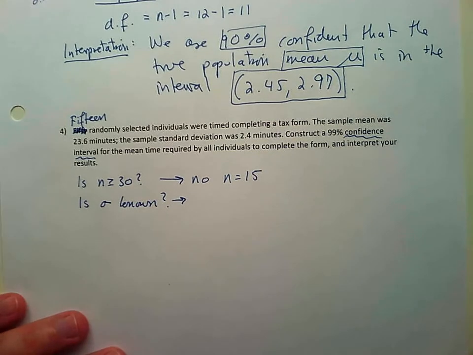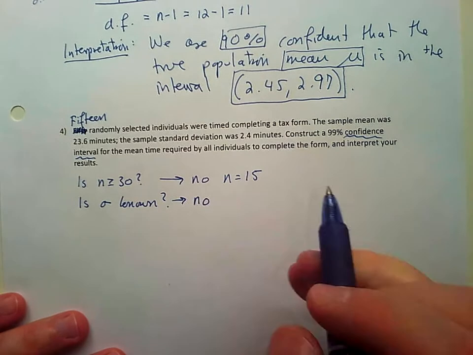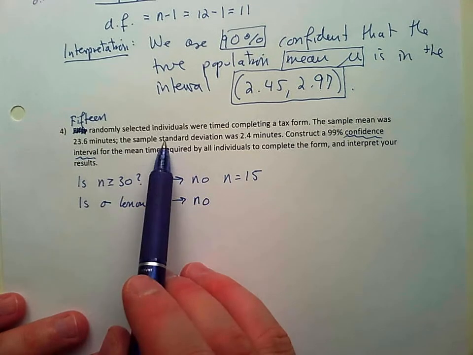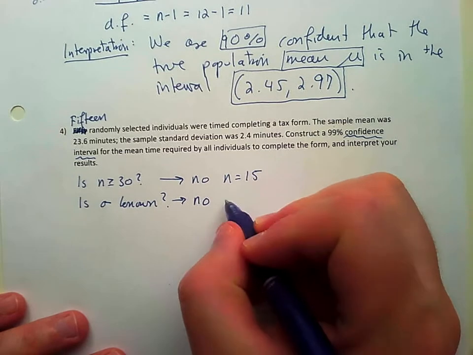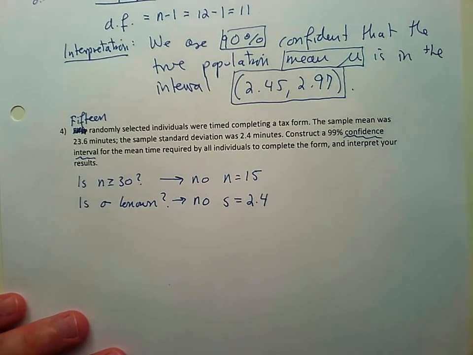And do we know our population standard deviation? The answer to this is also no. Because here it says that a sample mean was this, and a sample standard deviation was this. So therefore, S is equal to 2.4 minutes.